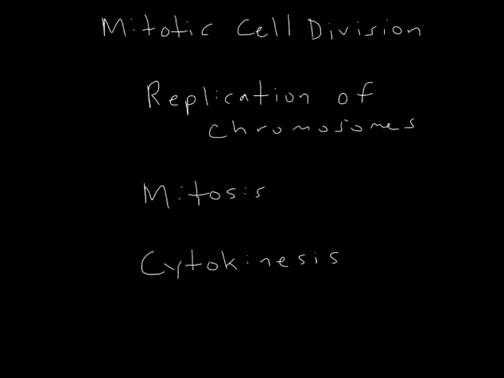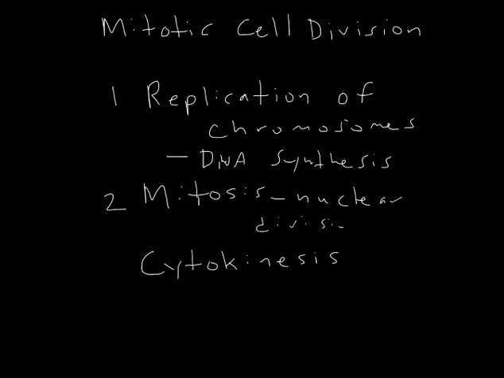Mitotic cell division is broken up into three processes: replication of chromosomes, otherwise known as DNA replication or DNA synthesis; the second one, mitosis, also known as nuclear division; and the third, cytokinesis, which is also known as division of the cytoplasm or cytoplasmic division.